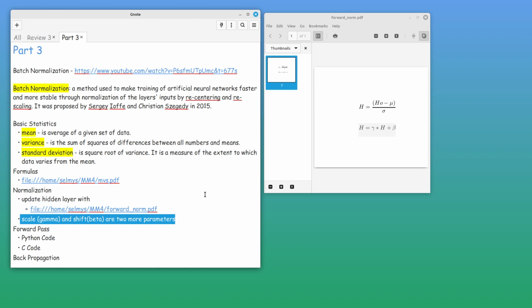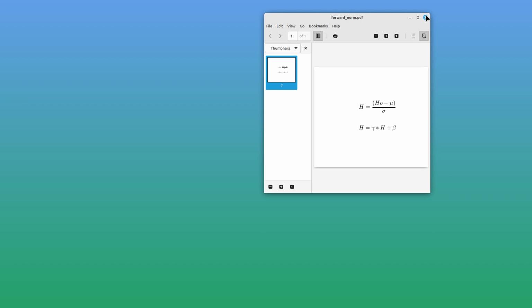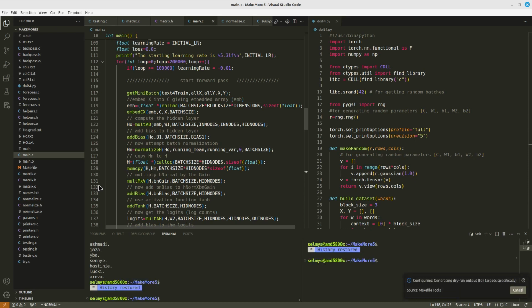All right, so let's move on to some code now. The first thing you'll notice is that I'm switching over from using Vi to VS Code.